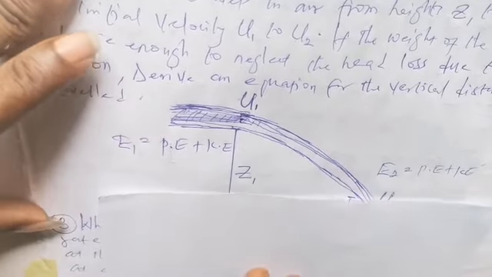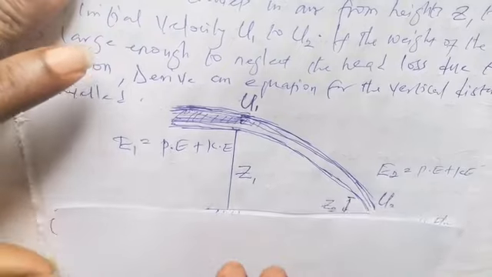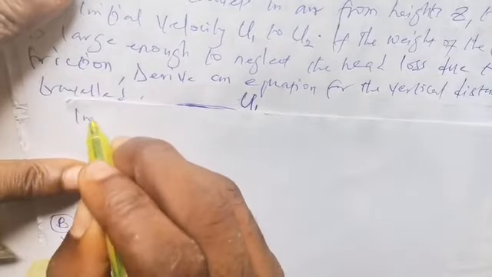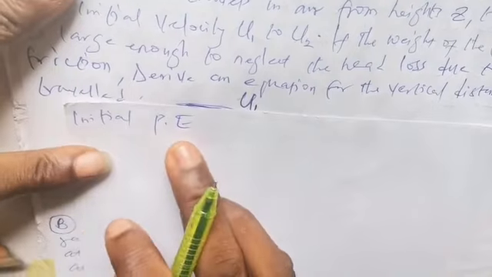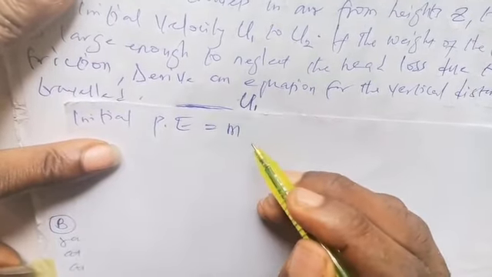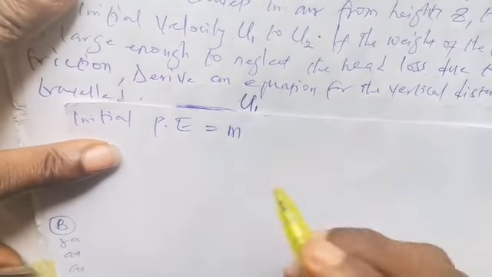Now, the initial potential energy, simply PE, is equal to the mass of the fluid times the acceleration due to gravity, because this fluid is suspended at a height.